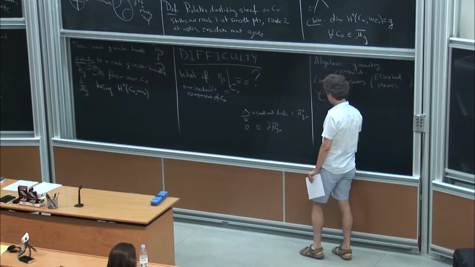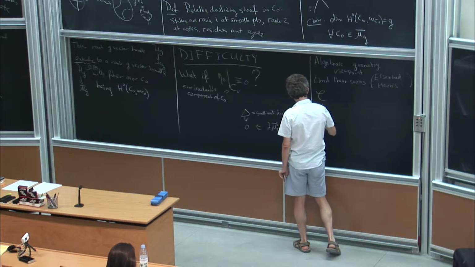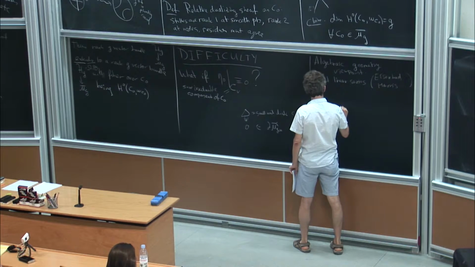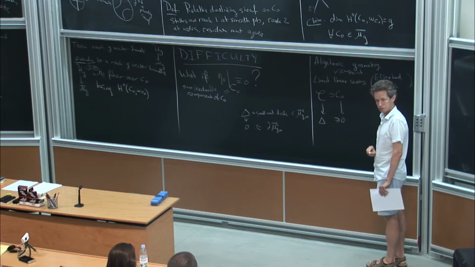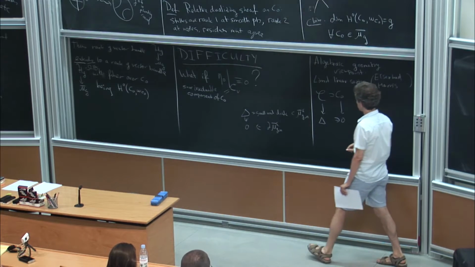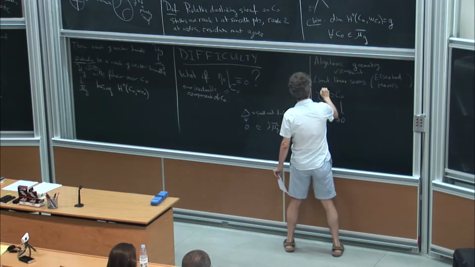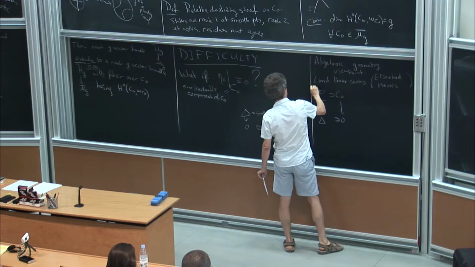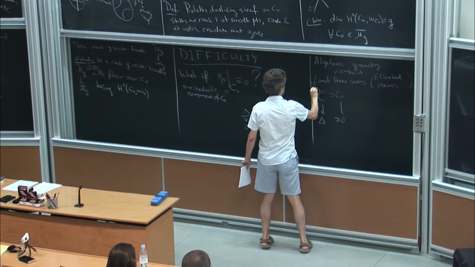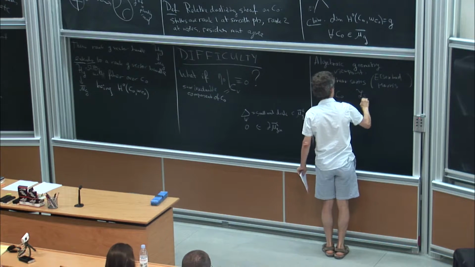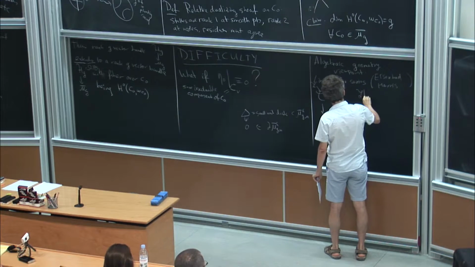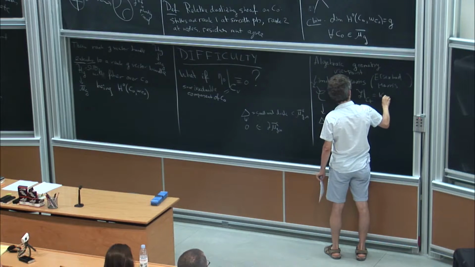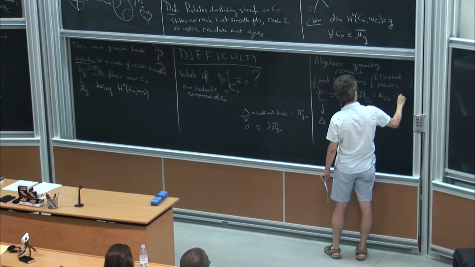I'll draw it as a curly C over a disk, such that over 0 I have the curve C_0. This is algebraic geometry notation. And over this, I'll have L. L restricted to C_t is the canonical bundle, the cotangent bundle of C_t.